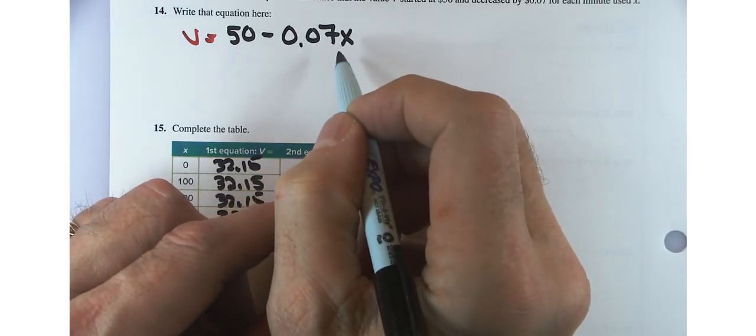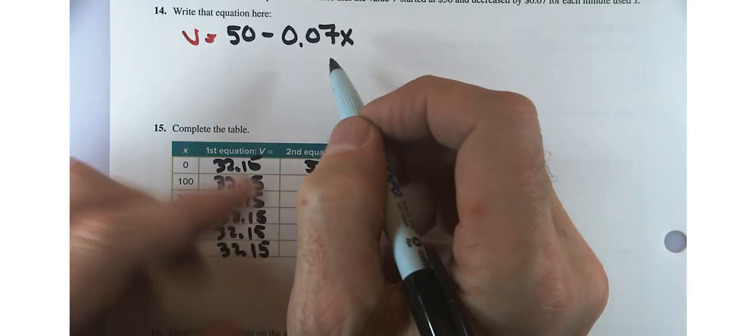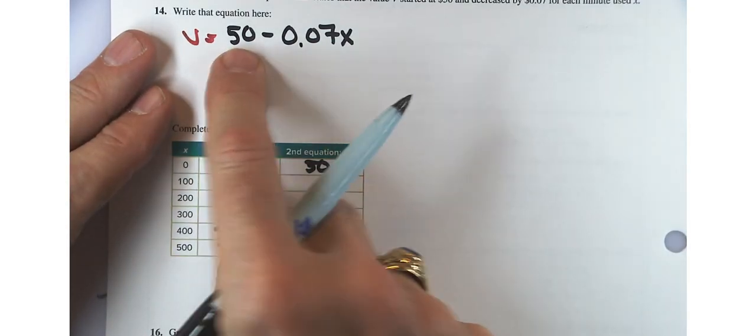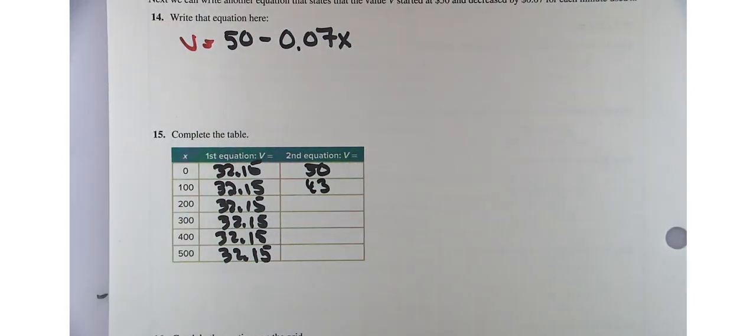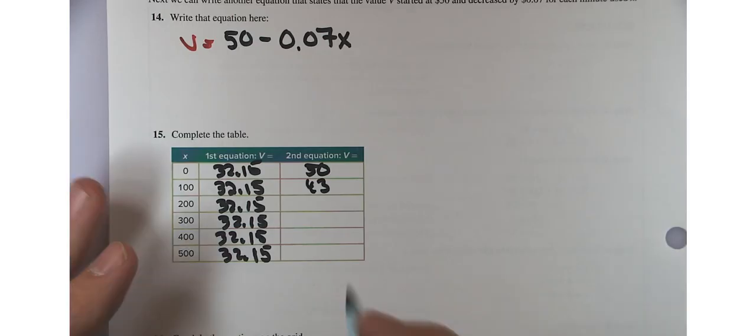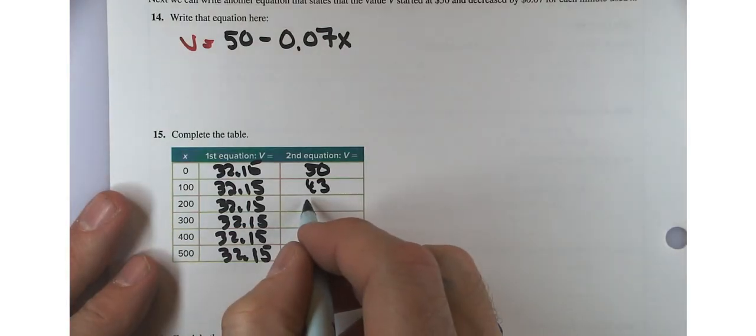What are we going to get? 7. And 50 minus 7 is going to be 43. If we go another 100 minutes, now we're spending another $7. So how much would be left after 200 minutes? 36. Let's keep going.